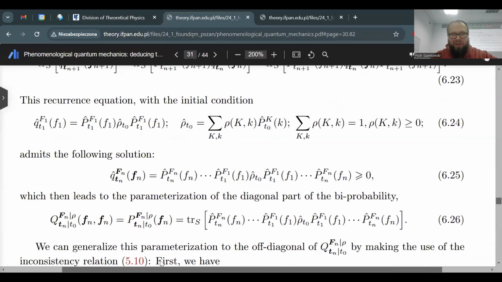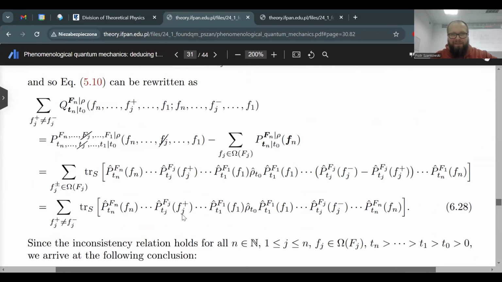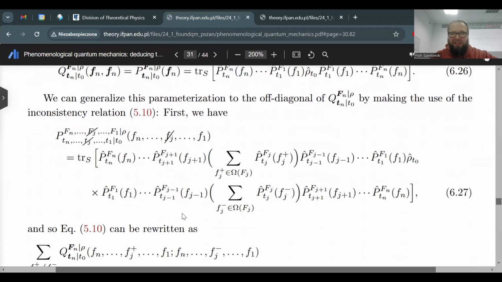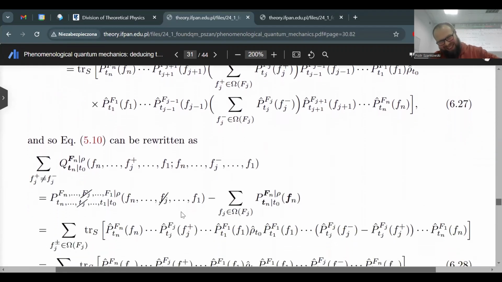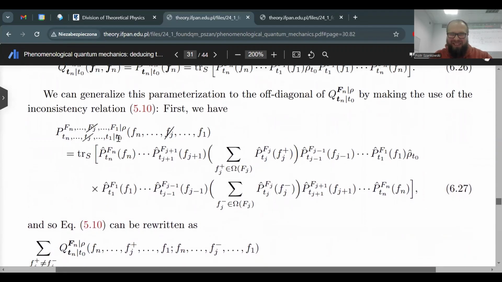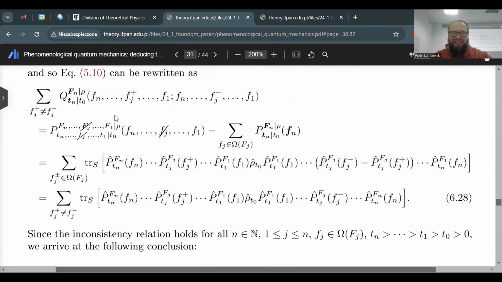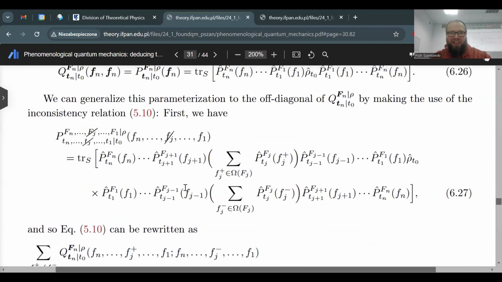This is a little bit of writing, so I will just show you the result. You make some observations: you can put in identity, and identity can be represented as a sum over projectors. Then you get the remainder, which is Q with off-diagonal parts, and you take the difference between the marginalized one and the one with inserted identities.